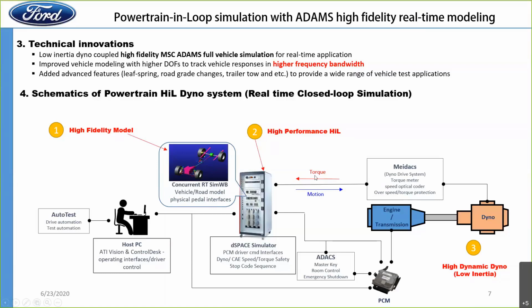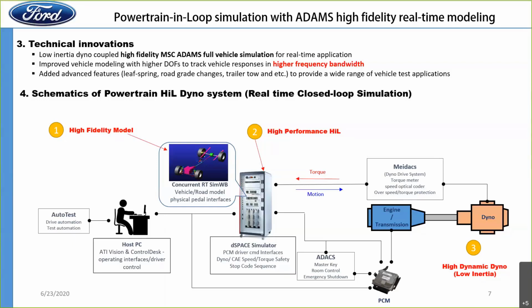The reason we do such a stack is that Concurrent has a much higher speed processor, but at the same time dSPACE has a very convenient user interface, which is widely used at Ford to communicate with the vehicle architecture, such as the processor.